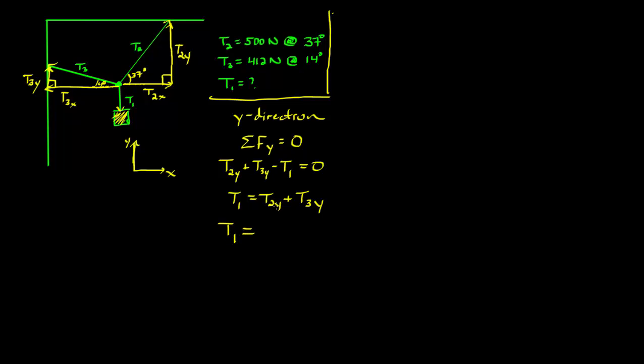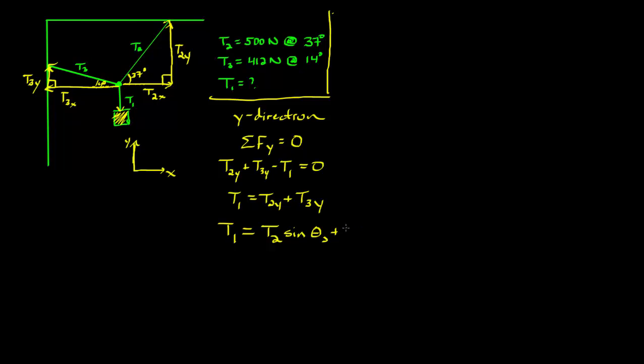But tension 2 in the y direction, so that's opposite and hypotenuse. So it's this times sine theta because it's opposite. So it's T2 sine theta 2 plus the tension in the y of 3. So it would be opposite, so again, it's sine.